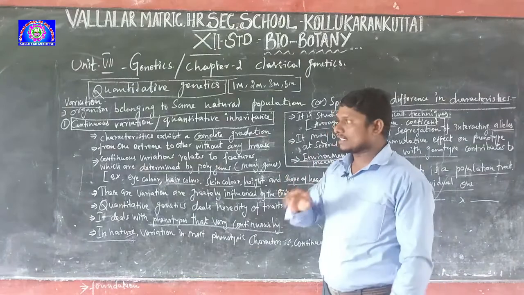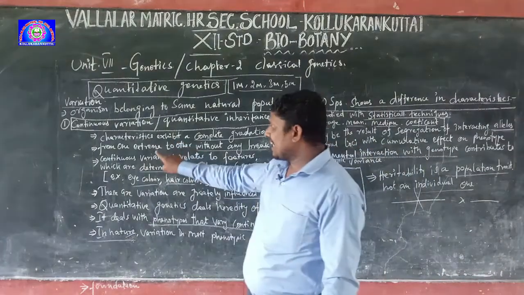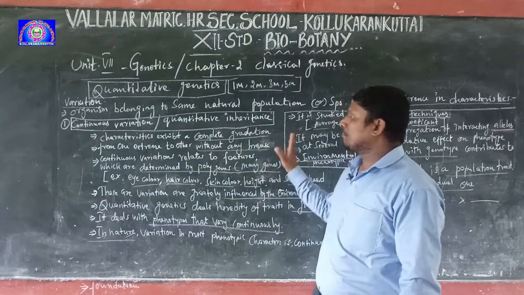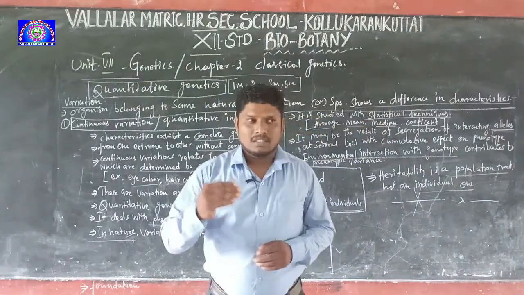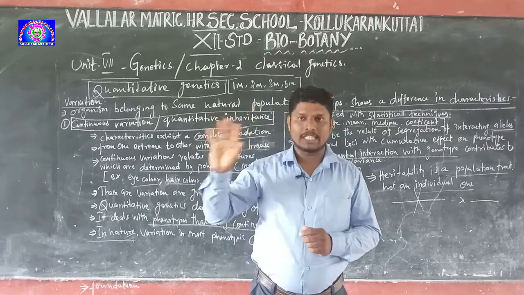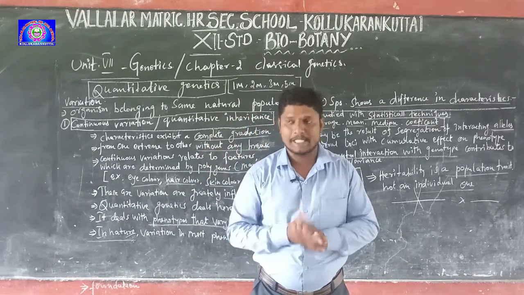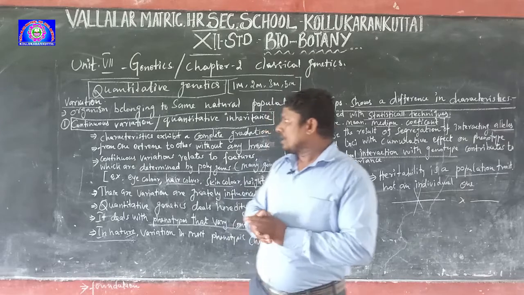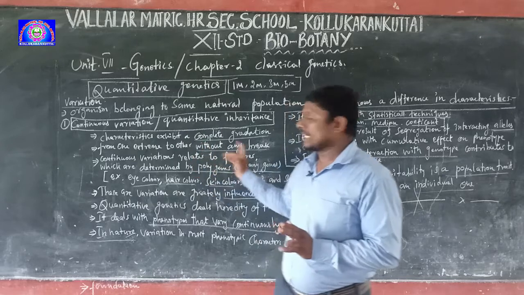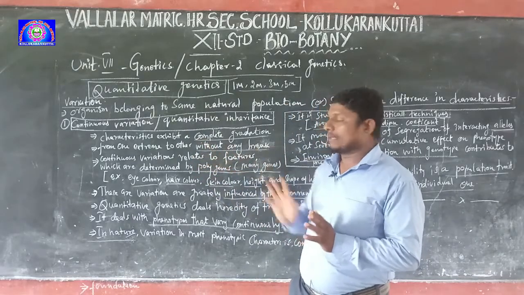Second point: from one extreme to the other without any break. Gradation is like 1 to 10: 1, 2, 3, 4, 5, 6, 7, 8, 9, 10. So from one extreme to the other extreme, without any break.